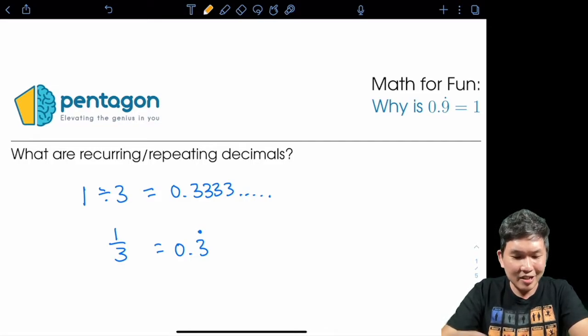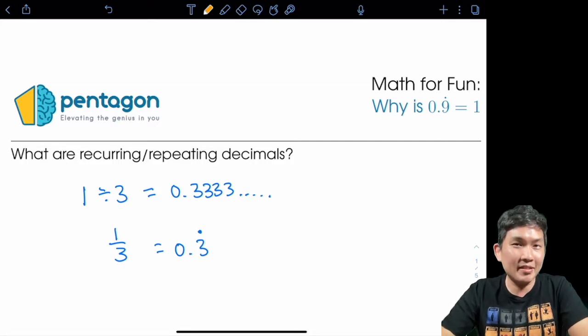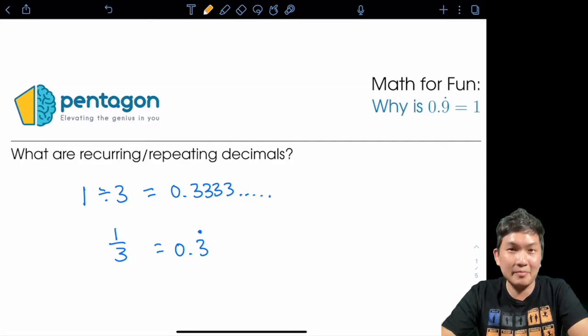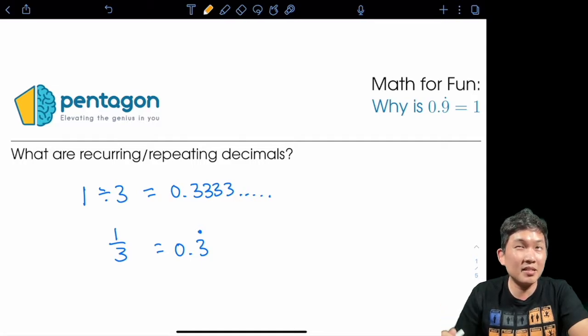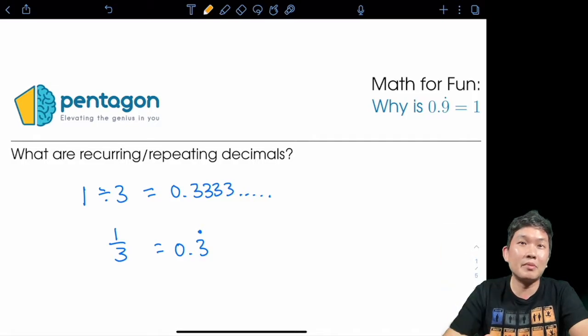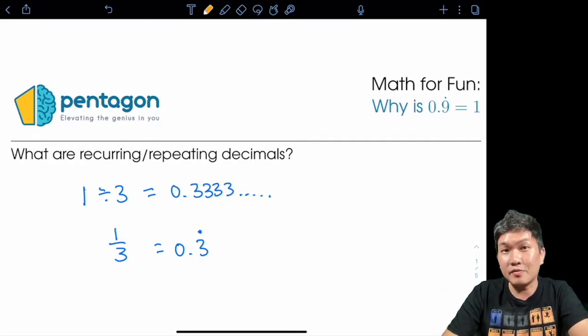But first of all, let's try and understand what a repeating decimal, a recurring decimal, is. As early as grade 4 or primary 4 here in Singapore, we had our first taste of a recurring decimal, when we learned about decimal places. In the year before that, in primary 3, we learned about long division.